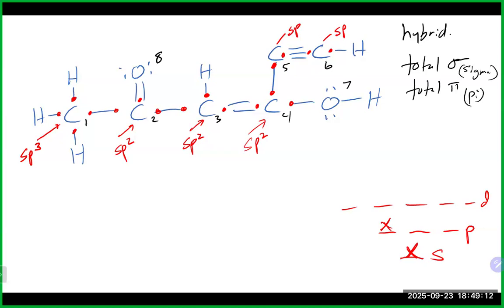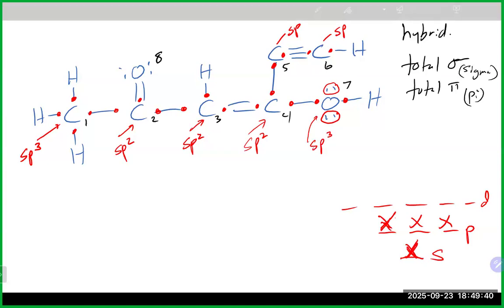Now, number 7, we can apply it to other atoms, even outside atoms. We're going to do it the same way. For our oxygen, we have 1 electron pair, 2 electron pairs, 3 electron pairs, and 4 electron pairs. That is 1, 2, 3, 4, so that's an s and 3 p's, which means my oxygen here is sp3 hybridized.